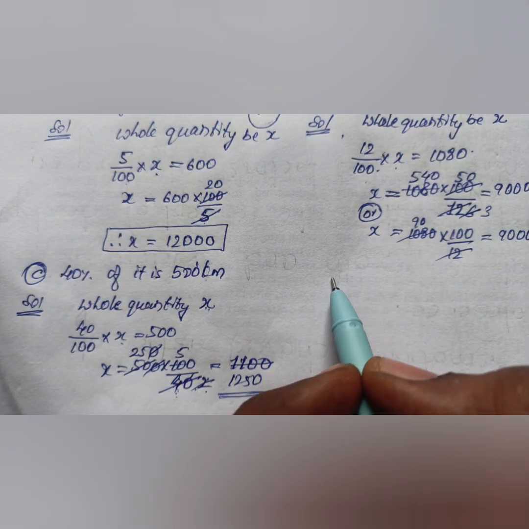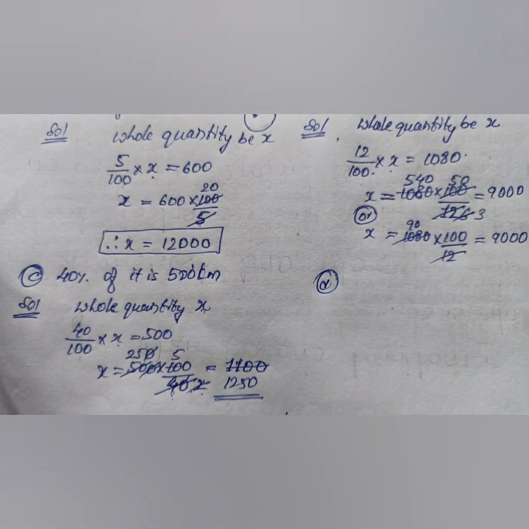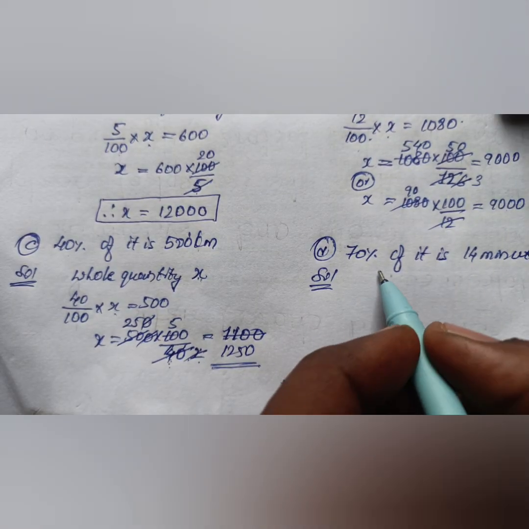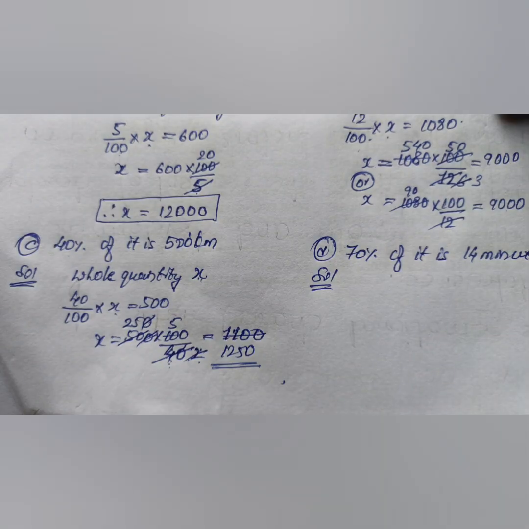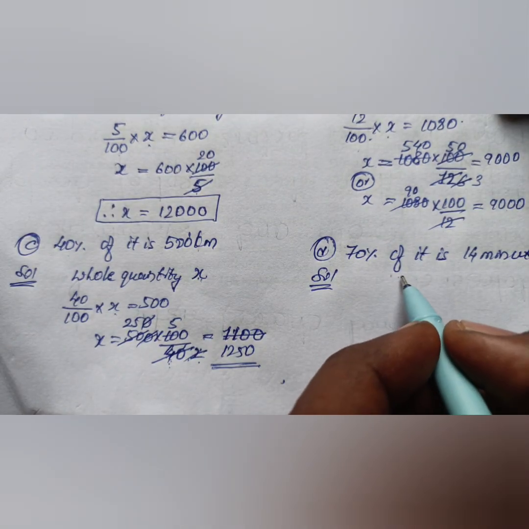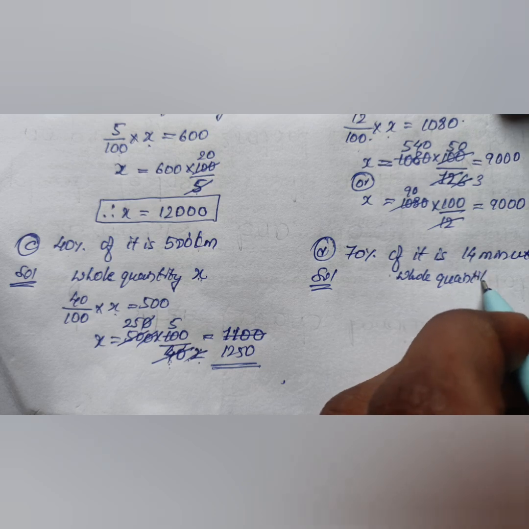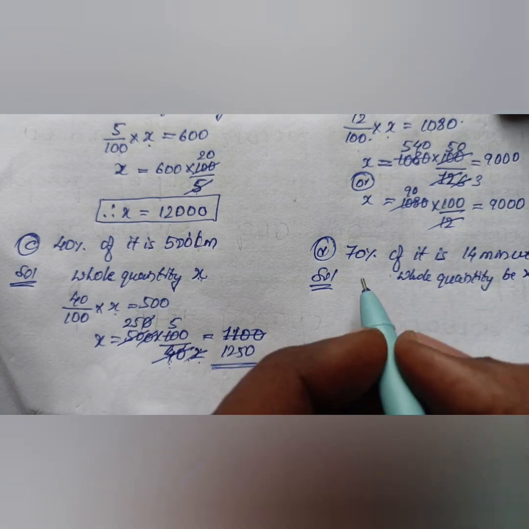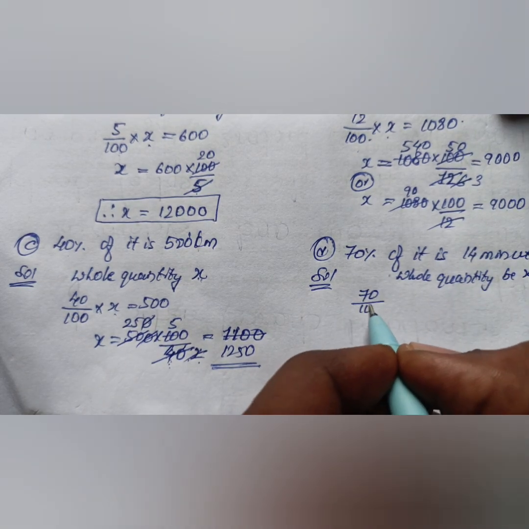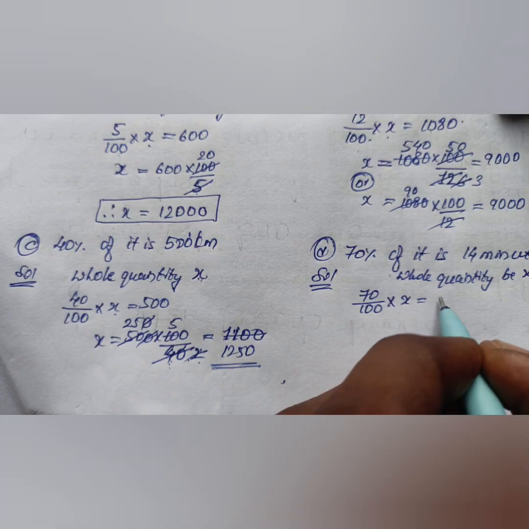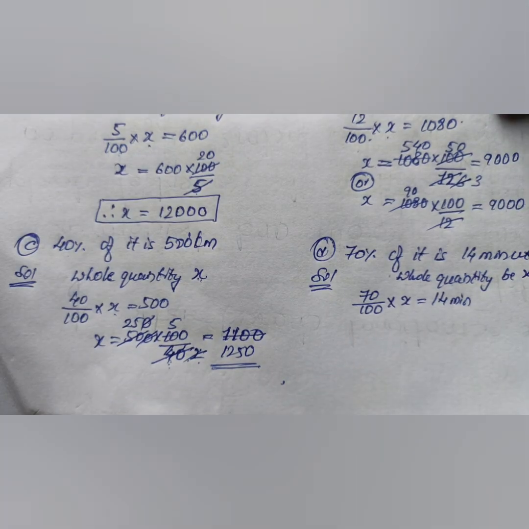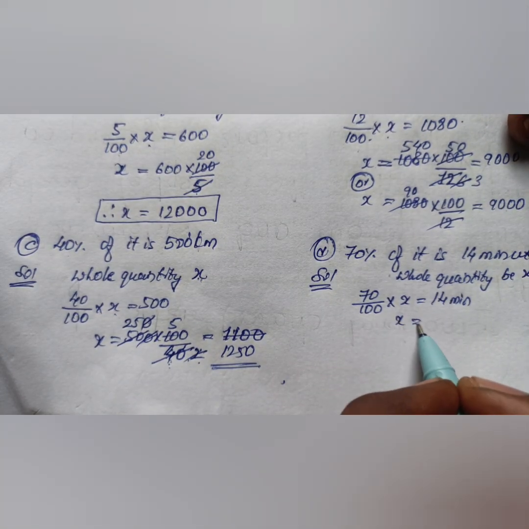So we'll go to part D. Part D, 70% of it is 14 minutes. We need to find the whole again. So let the whole quantity be x. Therefore 70% means 70 divided by 100 into x is equal to 14 minutes. Now we want to calculate x.